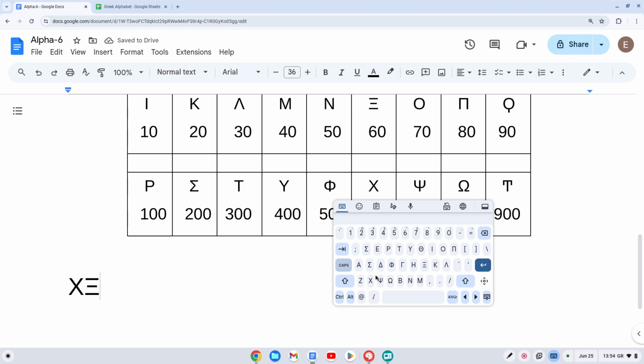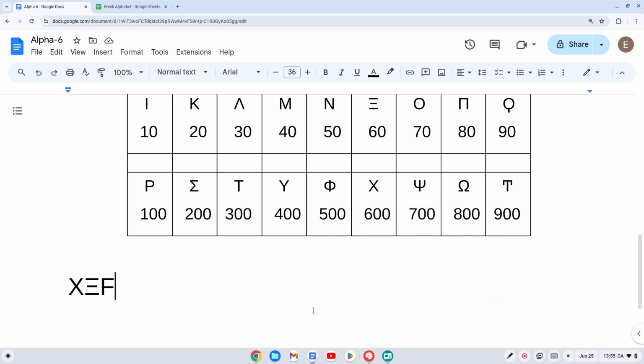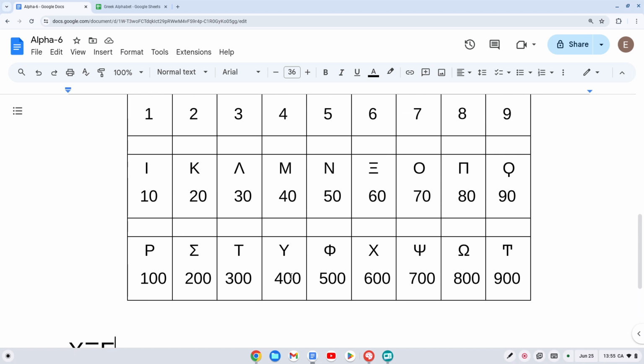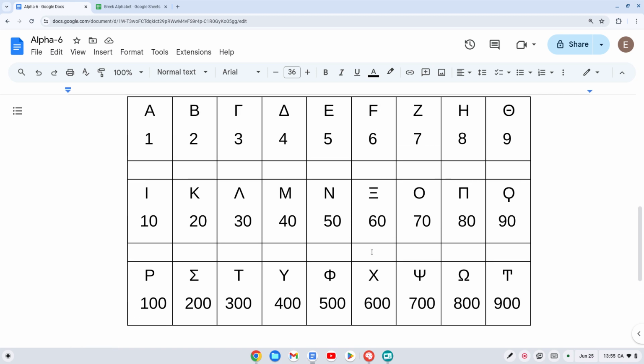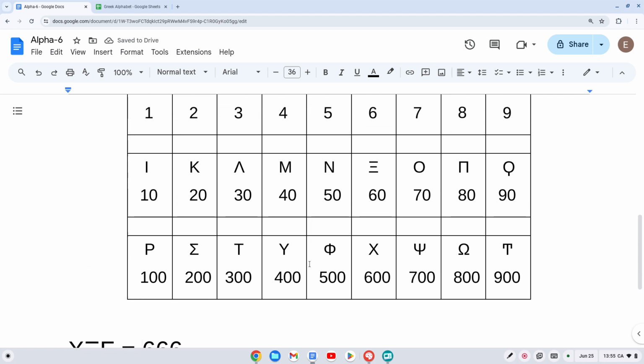So if you can see by our chart, you associate the letters with the numbers. This represents 666.